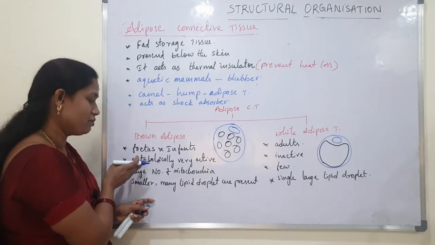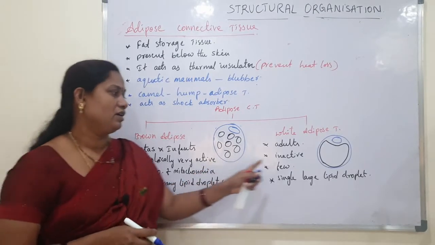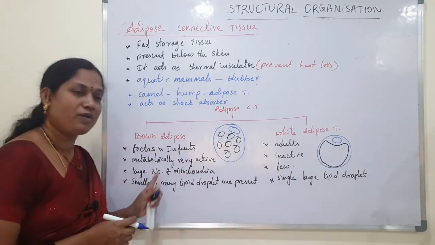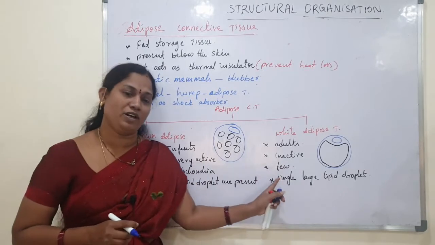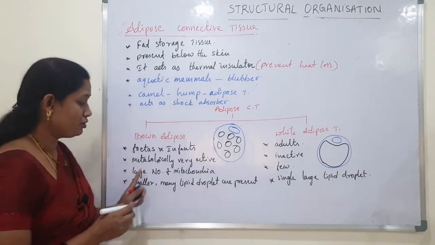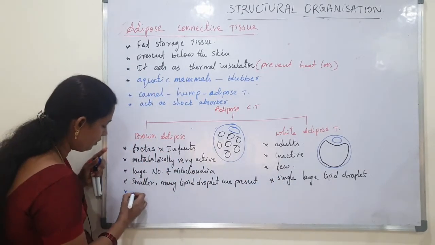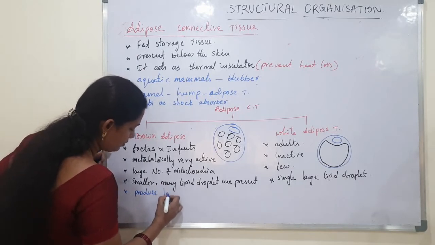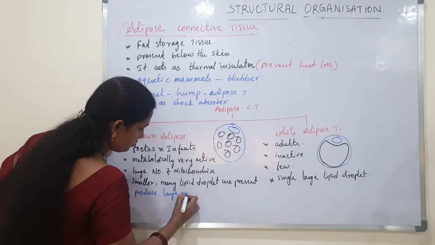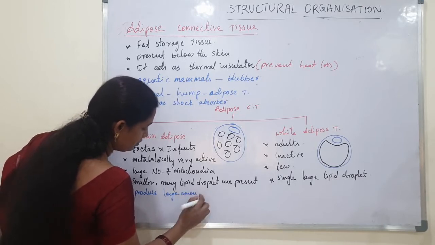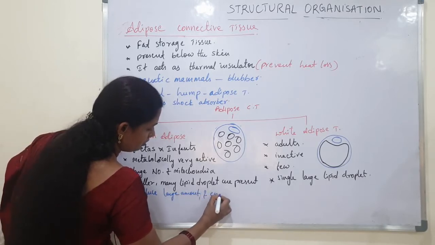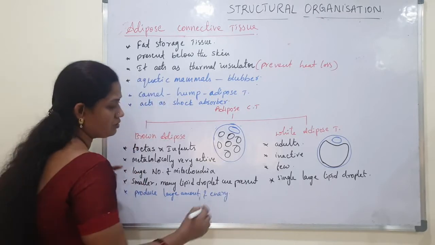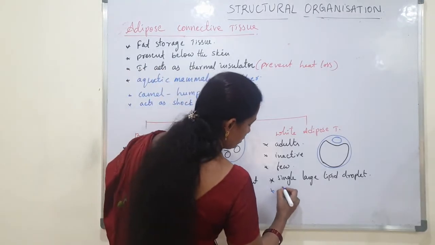So that's why this is metabolically active, and this is inactive. More mitochondria are present here, and few mitochondria are present there. It produces a large amount of energy, whereas here only less energy is produced.